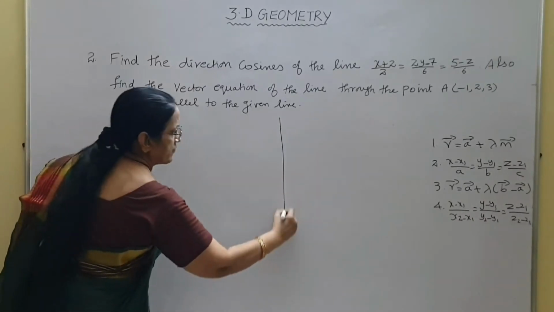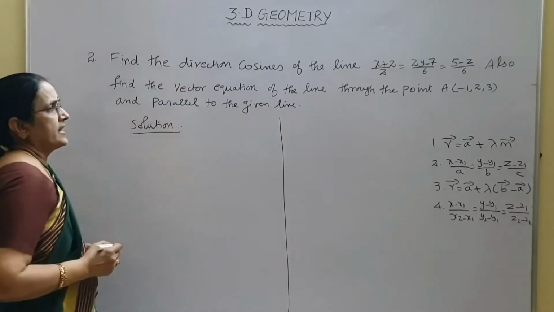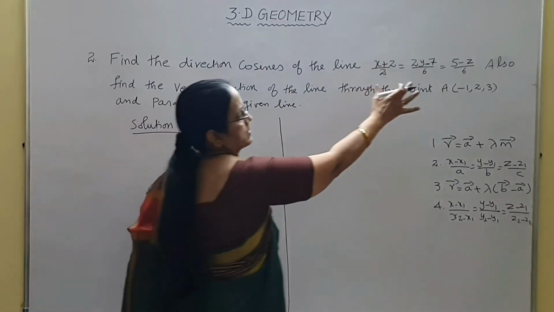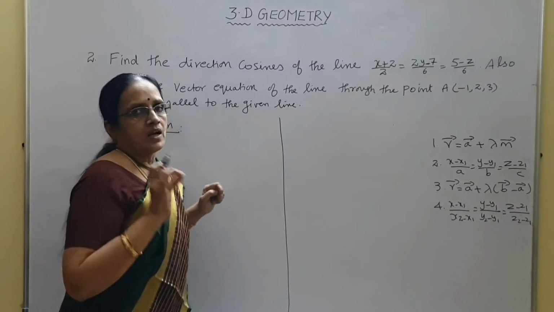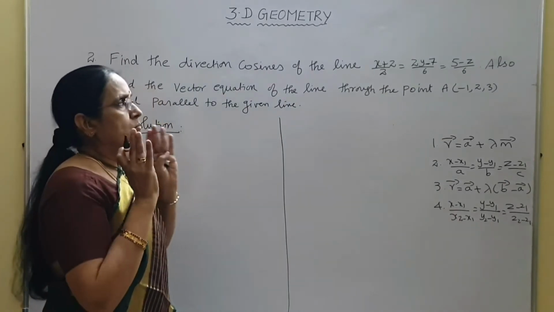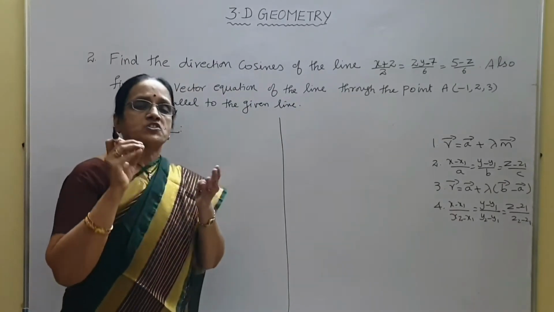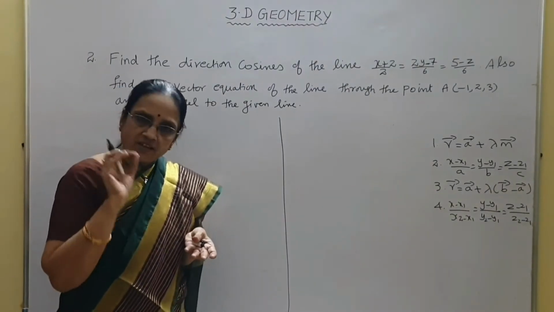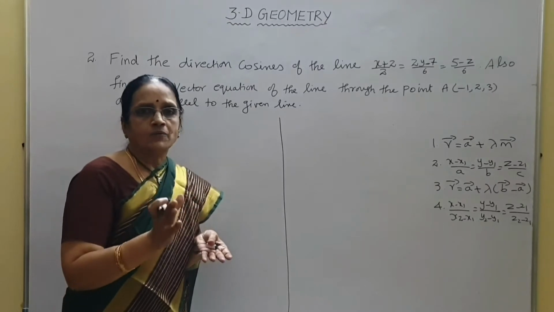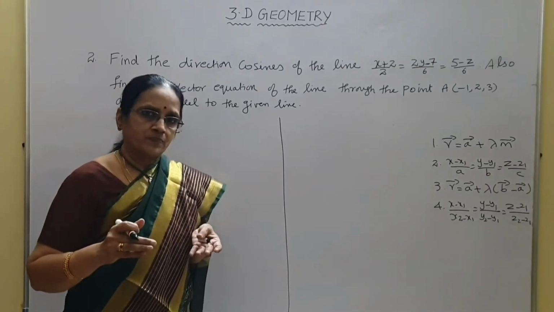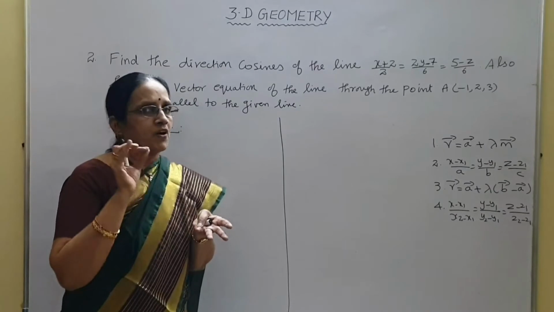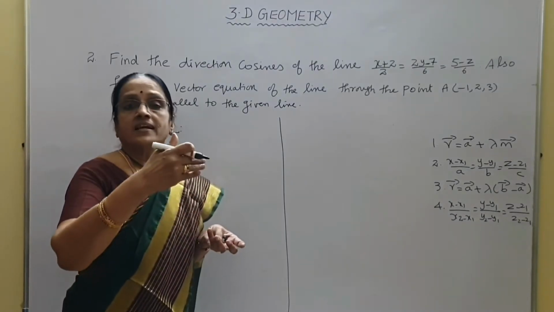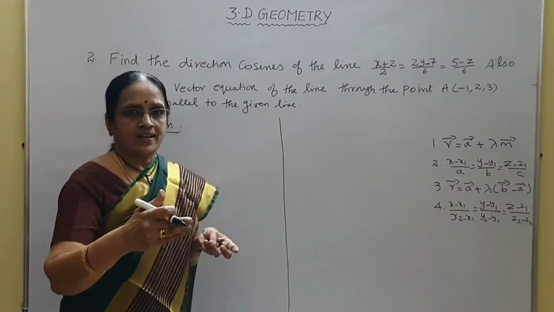Our aim is to first find the direction cosines of the line. So this is the equation of the line given to you. I told you already, the moment some equation is given, you have to check whether it is in the standard form or not. If it is not in the standard form, you have to write it in standard form. Only then you will know the point on the line as well as the DRs, that is direction ratios of the line.